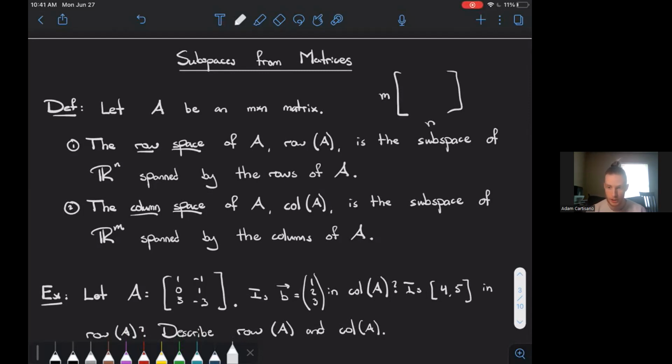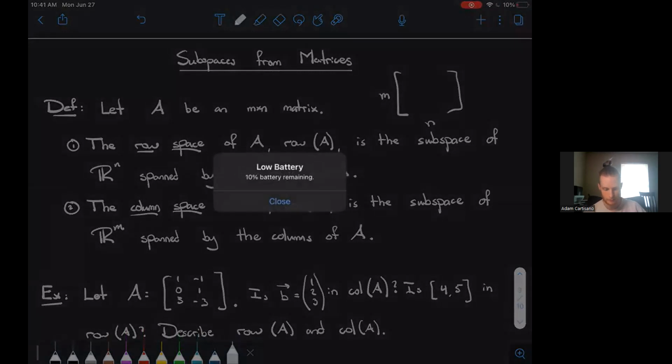So what we do is we just take all of those row vectors. Those are all vectors in Rn, and we just take their span. That's a subspace by the previous theorem, and we give that subspace a name.